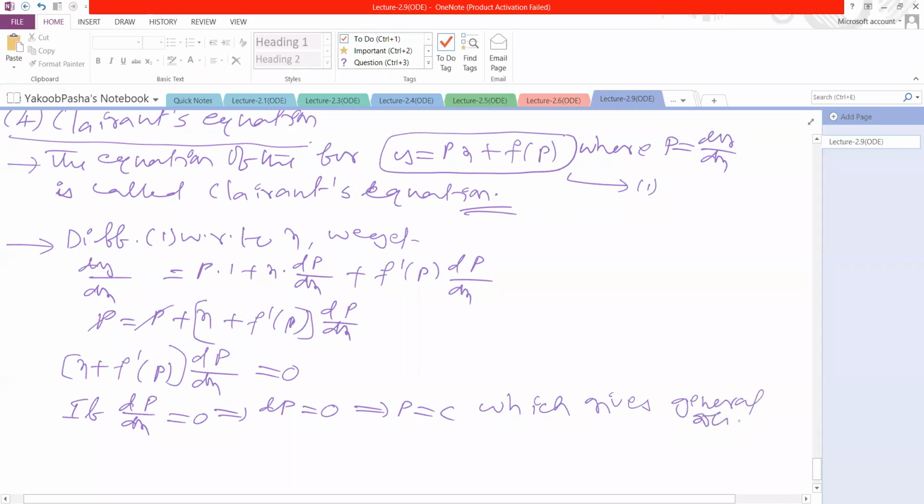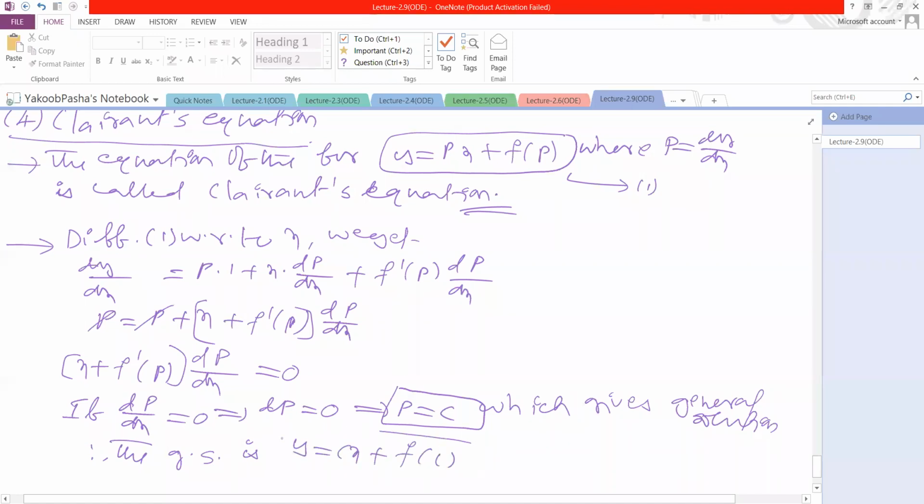Just replace p by c in the given equation. If the equation is of the form y is equal to px plus f of p, the general solution is obtained by replacing p by c, so we get y is equal to cx plus f of c.